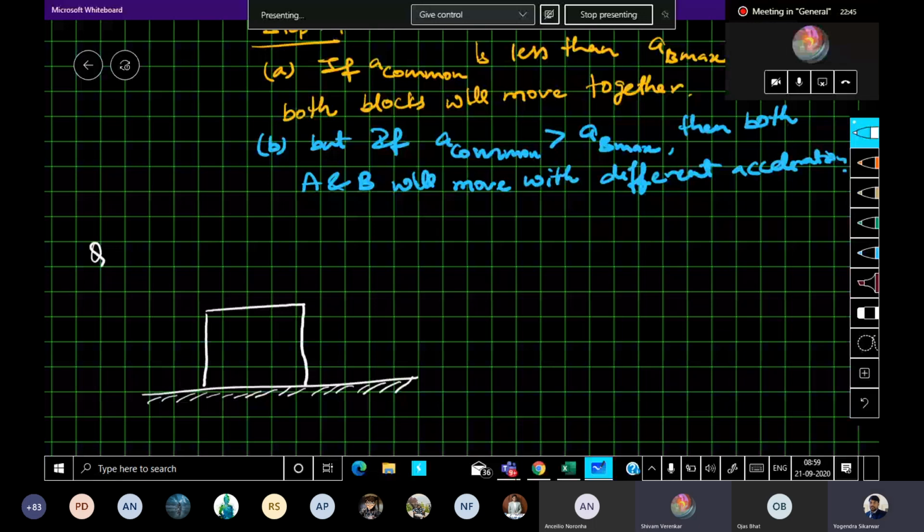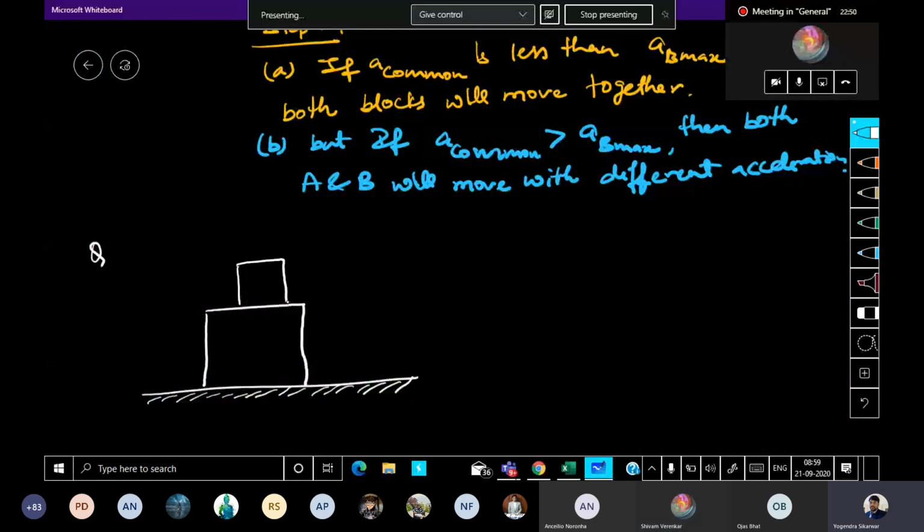This is 10 kg. This is A. This is 5 kg. This is B. This is smooth. This is mu is equal to 0.5.